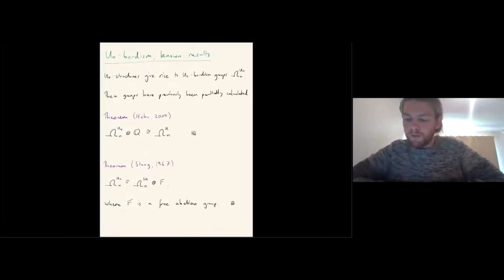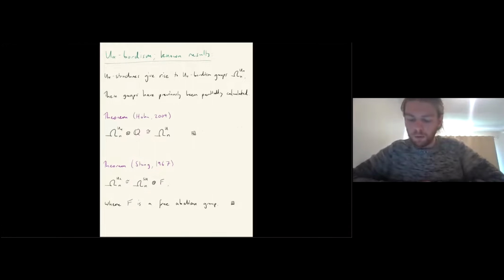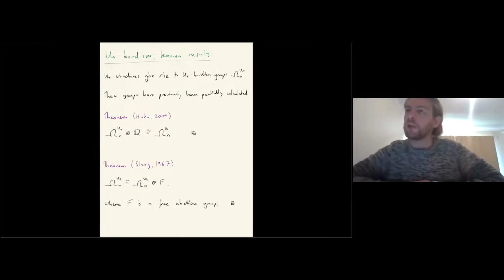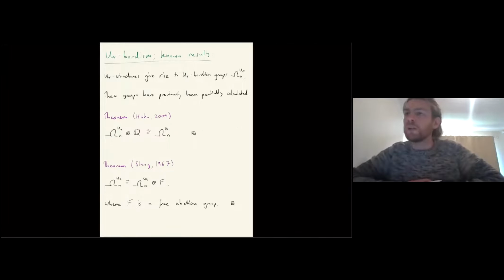Okay, so some people have thought about this kind of U alpha bordism before, and we have some partial results. It was calculated by Hearn in 2004 that rationally these U alpha bordism groups are just the same as complex bordism. So really what this is saying is that any interesting information is going to be purely torsion.